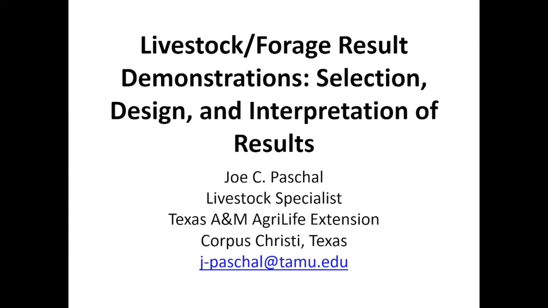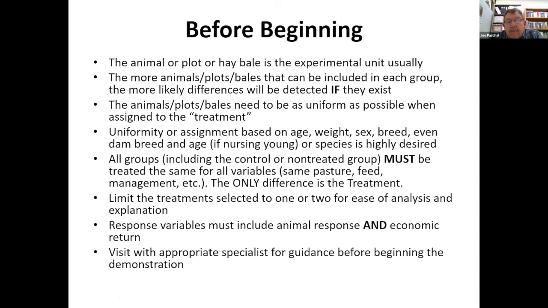So everybody's talked a lot about experimental design and selection and avoiding errors, so we're going to skip some of that, but I did have some points to consider, and really uniformity is the key. Josh just got through talking about it. Jordan talked about it just a minute ago, trying to reduce experimental errors.